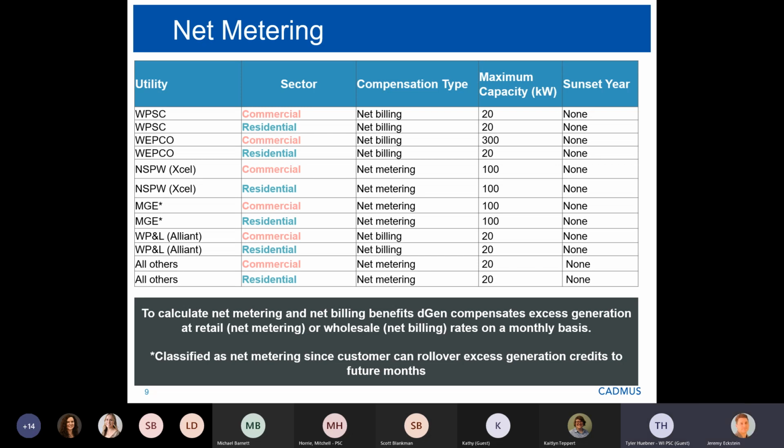I guess just one corollary to that would be, you guys are reporting out the results by at least the major utilities. Is that correct? That's right. Maybe the first blush would be seeing the results, given that you've got three different levels for net metering for the larger commercial systems, a 20, a 300, and 100, and then seeing how that changes utility by utility.